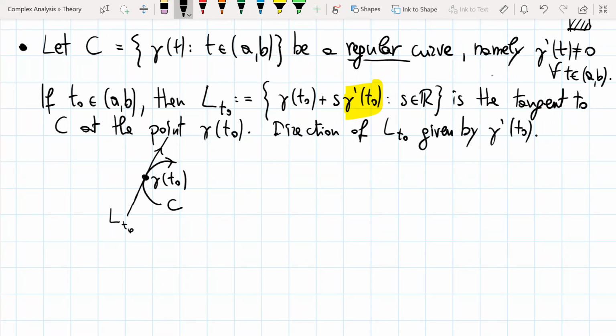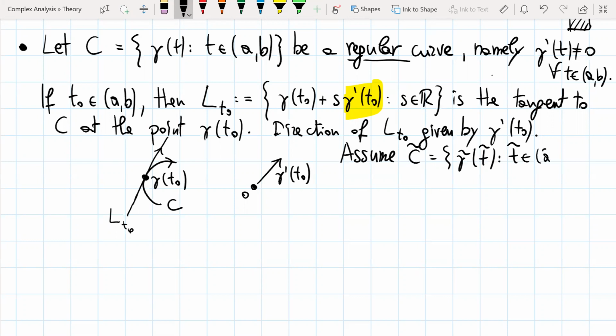So this means that if I draw gamma prime(t0) starting from the origin, it goes in this direction and gives me exactly the direction of the line L(t0). So now this is when we have a curve. What happens if we take another curve? Assume C tilde, parameterized by some gamma tilde(t tilde) from some interval [a tilde, b tilde], is another regular curve.